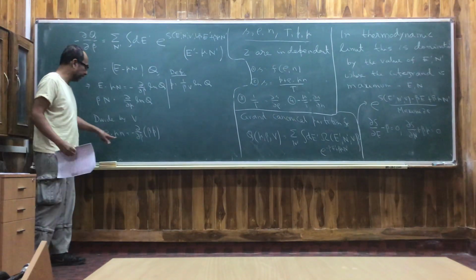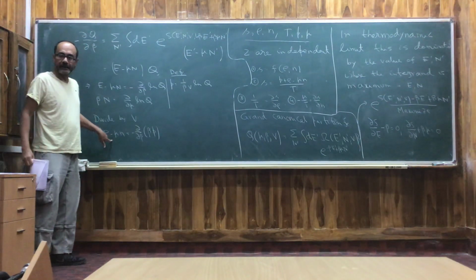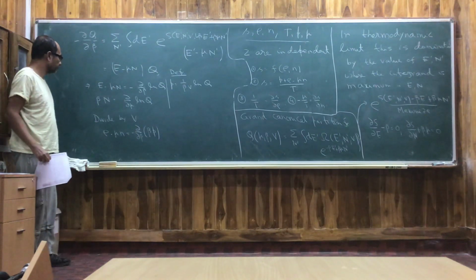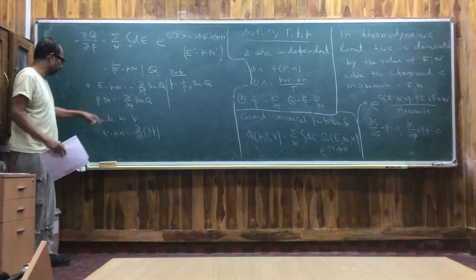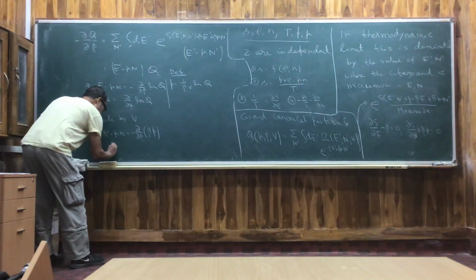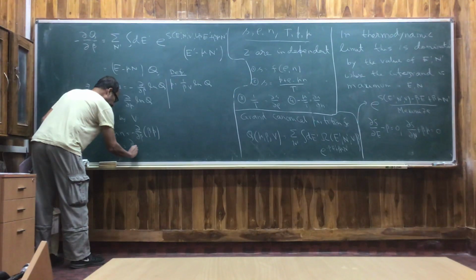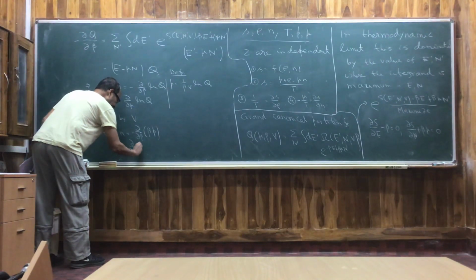There is nothing here that scales with V. Similarly, this one, if I divide by V, I get beta n is equal to del mu, again 1 over V log Q, that's beta P.